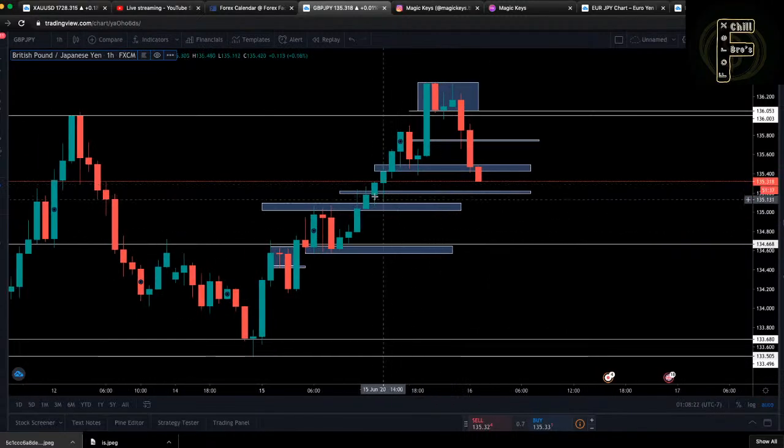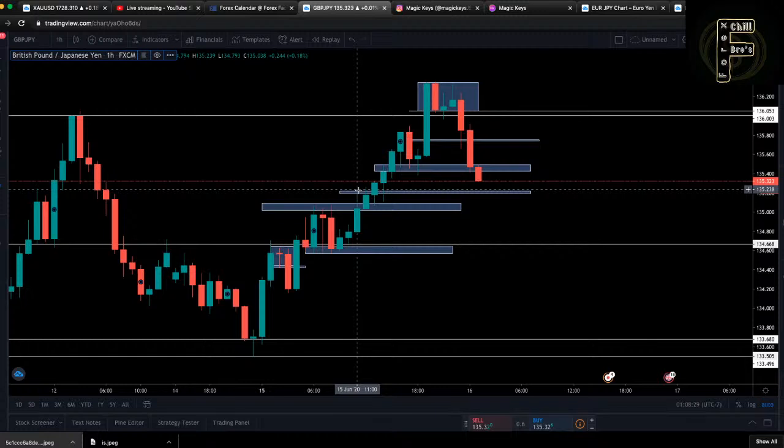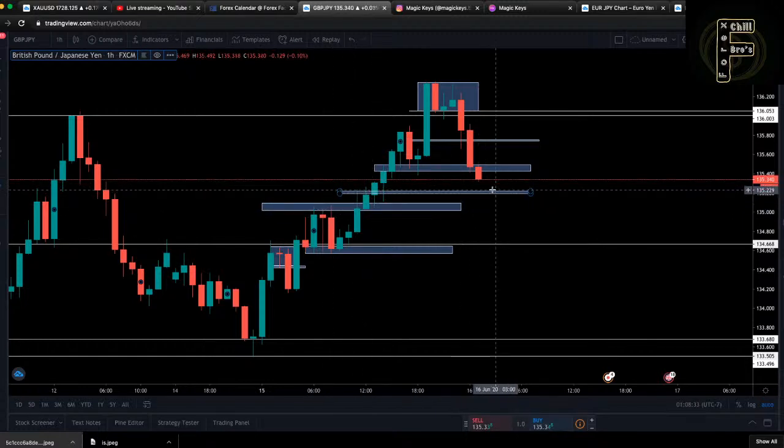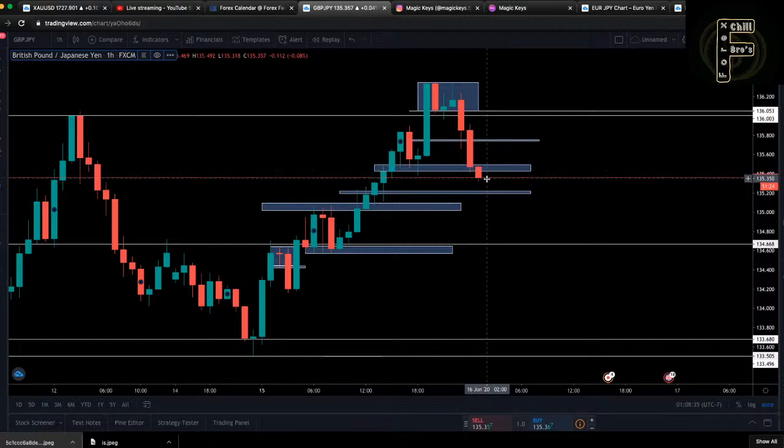You need to find the levels where price actually rejects, so you take partial profit and you secure. Like here and here, these are two levels. If I was in this trade, I'd take partial profit here and let the runner just run back down here. So easy as that.